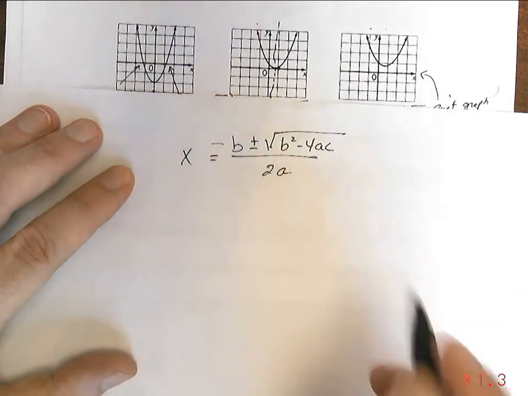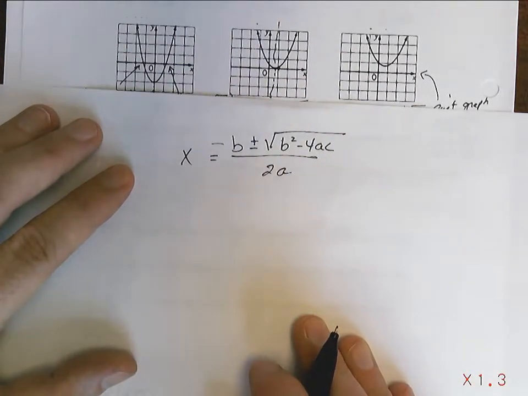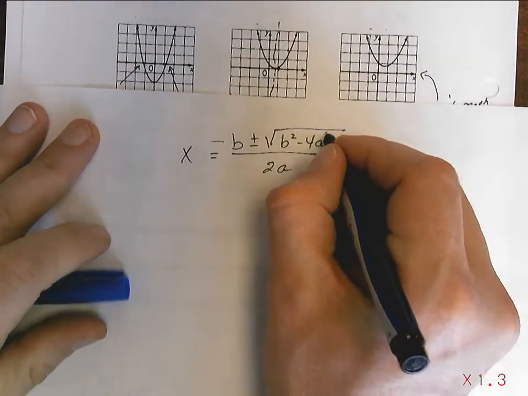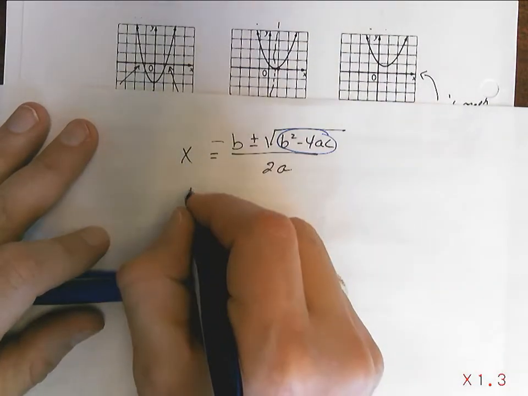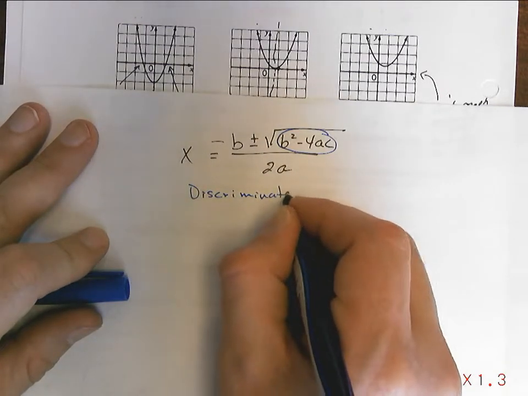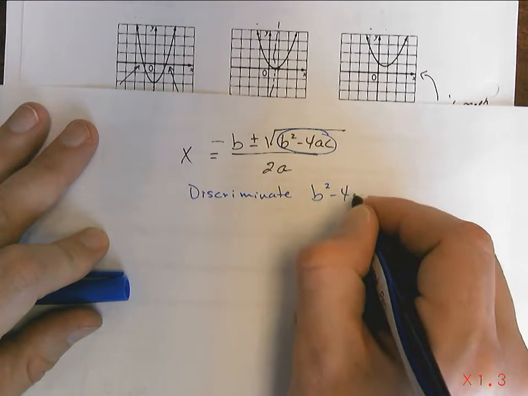Those will give you your x values. Now, this is your discriminant. This is defined as the discriminant. It is b squared minus 4ac.